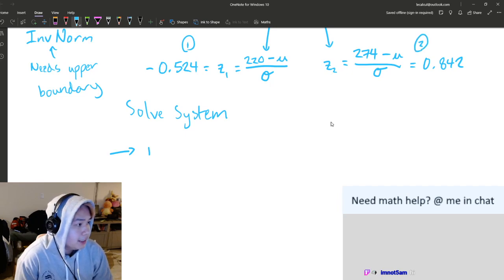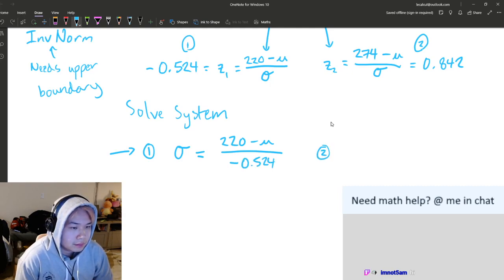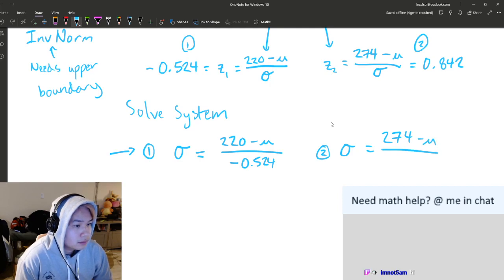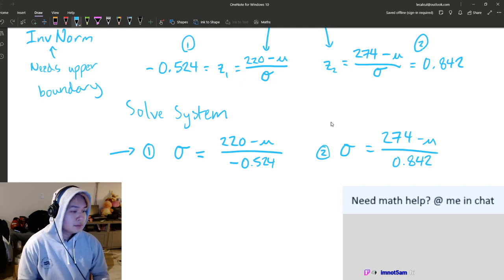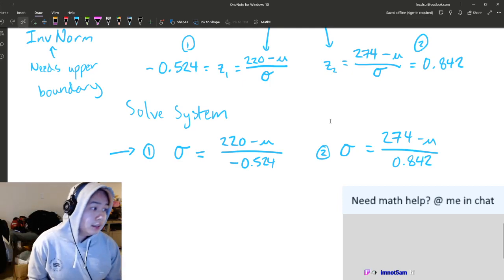I'm going to rewrite equation 1 isolating for a variable. So the easiest one to isolate for is my standard deviation. And essentially, I can just graph this as x and y and find their intersection.